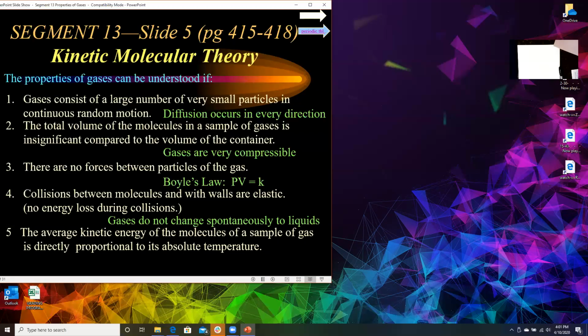And their average kinetic energy within that cavity is still proportional to the absolute temperature. Now, in the liquid, the molecules can actually migrate through the sample and diffuse through the whole sample. But within that cavity, they're still going to have an average kinetic energy that is proportional to the absolute temperature.